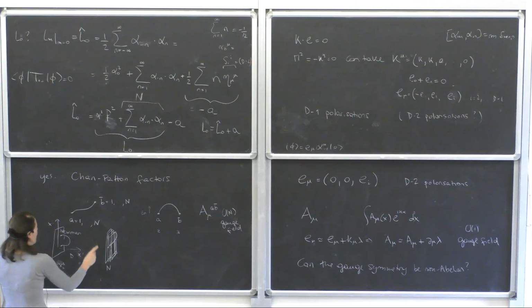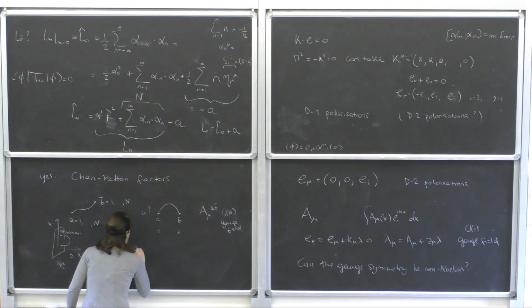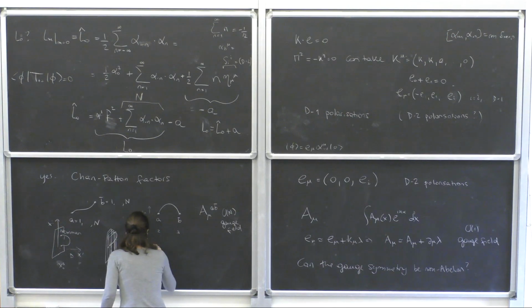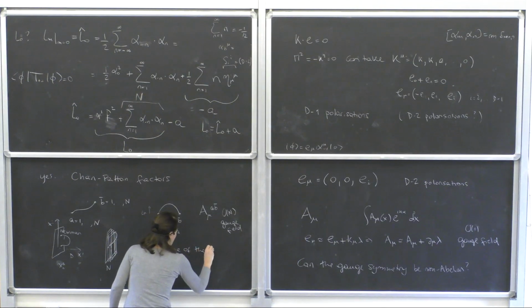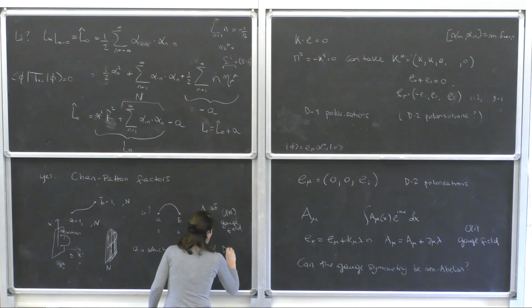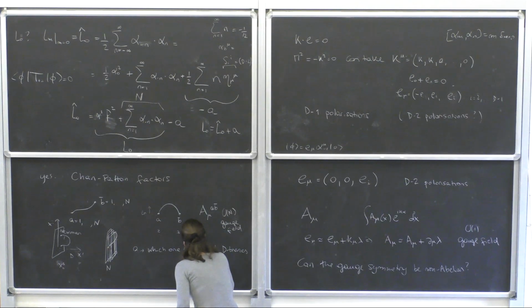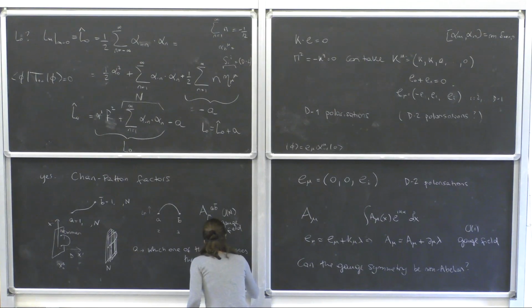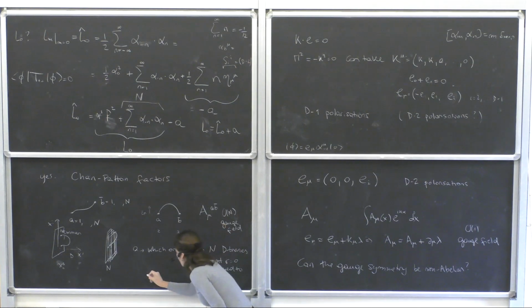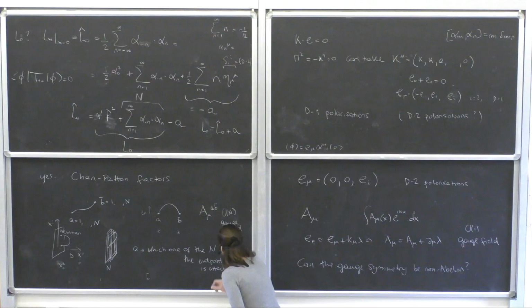So A tells me which one of the n D-branes the endpoint sigma equal 0 is attached to, and this B bar tells me the same for sigma equals pi.